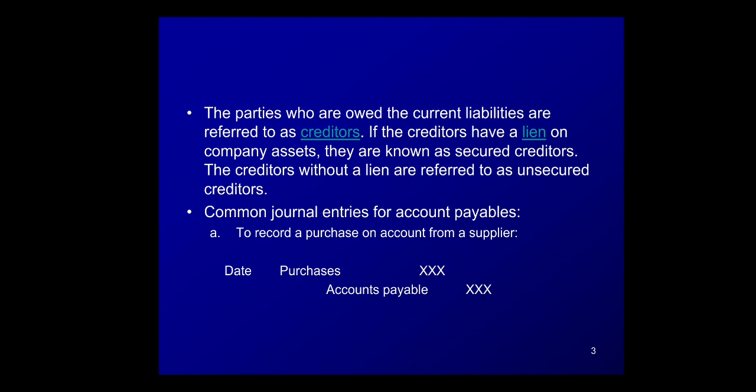You have to write the date and then debit account purchase and then credit account payable. So in accounting, when you purchase something from supplier, let's say you have a grocery shop, you purchase something from supplier, rice, sugar, or anything. So you debit account purchases and credit account payable if you want to pay later.